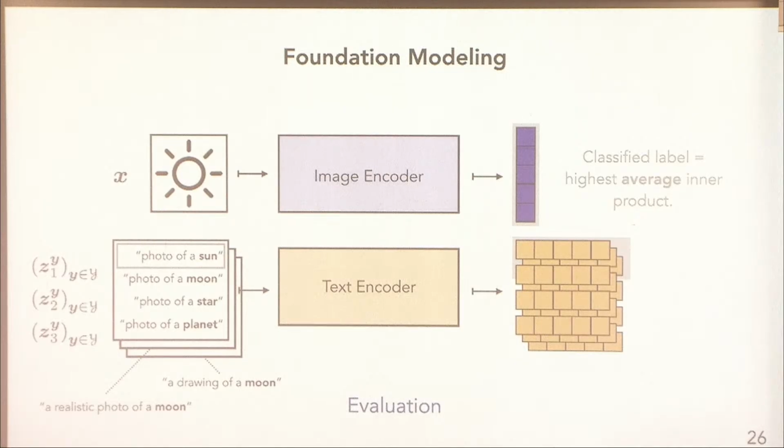It seems to go back to the early days of machine learning and pattern recognition. It's just like nearest neighbor, right? And yet this achieves performance that is on par or sometimes superior to machine learning methods that were trained end-to-end for the specific task at hand. And so this is really puzzling.